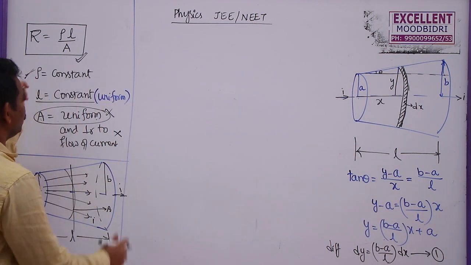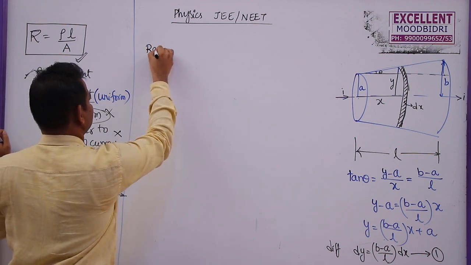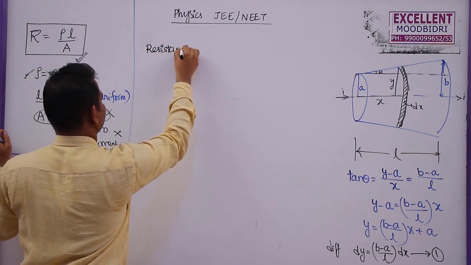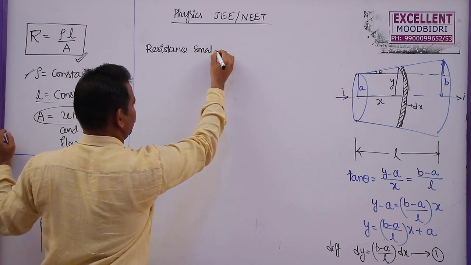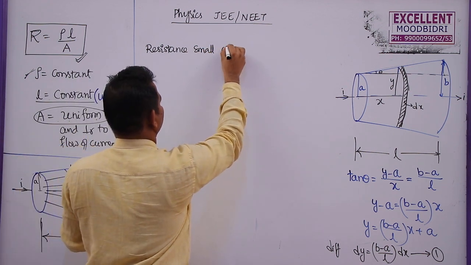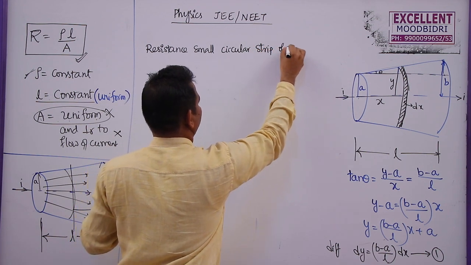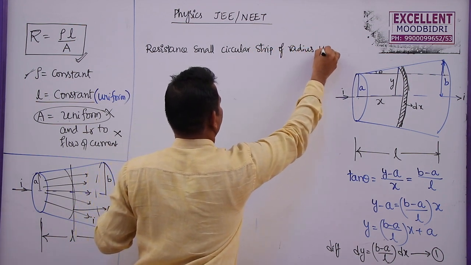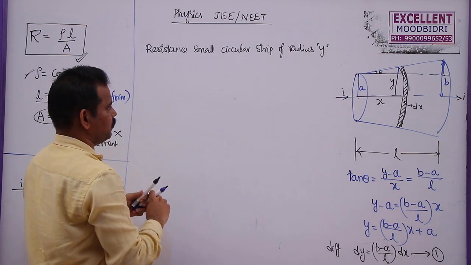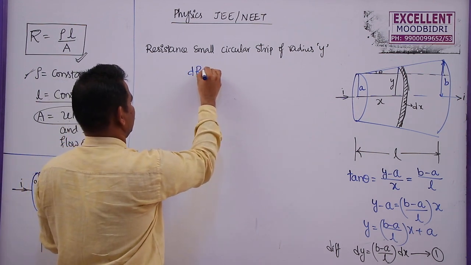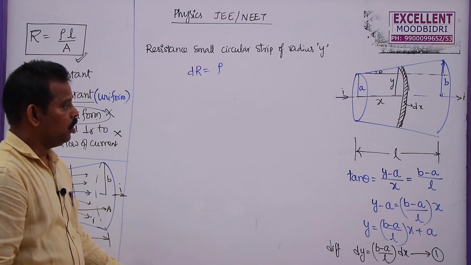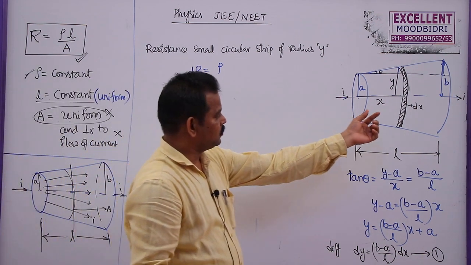Now let me substitute this one. The resistance of a small circular strip of radius y is given by, so I am going to write dr is equal to resistivity rho into, what is the length through which the current is flowing through this one?